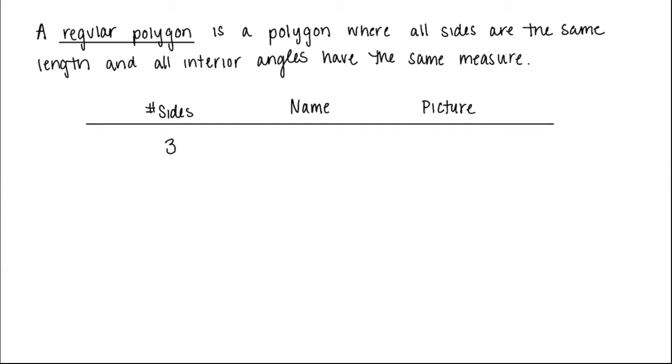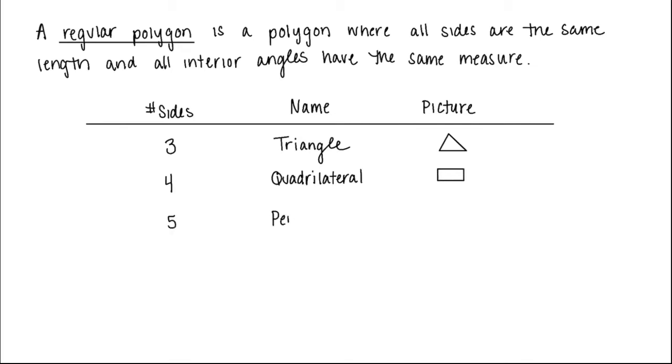If we have 3 sides, that's going to be our triangle. And so looks something like that. If it's regular, all of them are the same, but it doesn't have to be. 4 sides, you might think of a rectangle, but it's not more generally called that. It's called a quadrilateral. So quad meaning 4. So that would be 4 sides, square, rectangle, that kind of stuff.